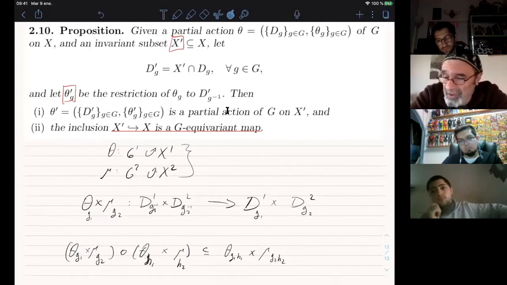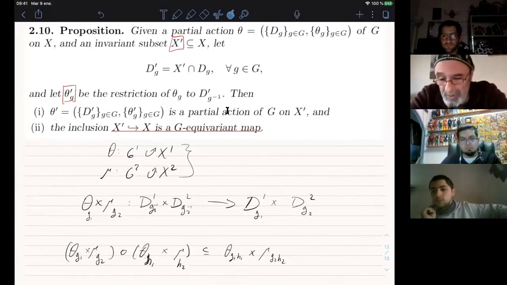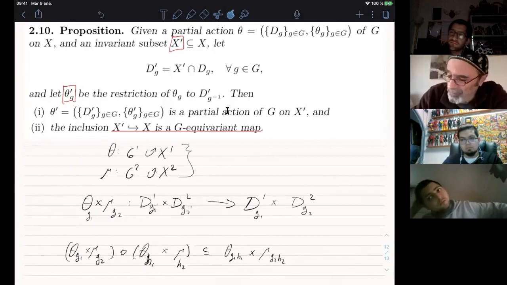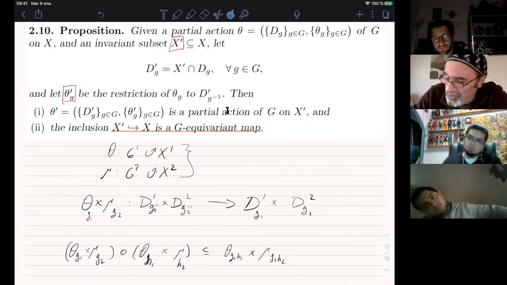you have plenty of bijections behaving nicely. Now each of them will no longer be able to act on the entire subset. But then you arrange things so you take only the points x in the subset such that theta_g of x is also in the subset. This could be a drastic restriction. So these are already subsets of the subset. You understand me? You restrict from X to Y, and Y is not invariant.